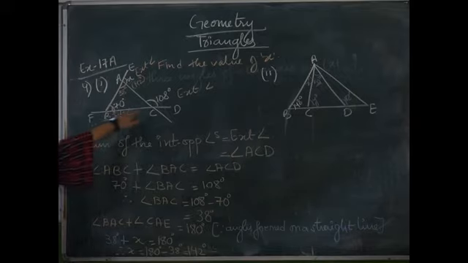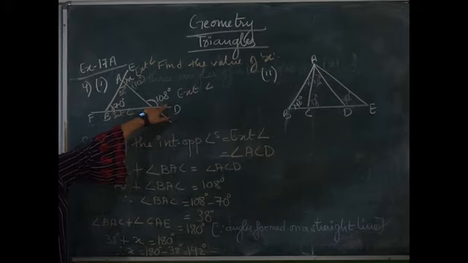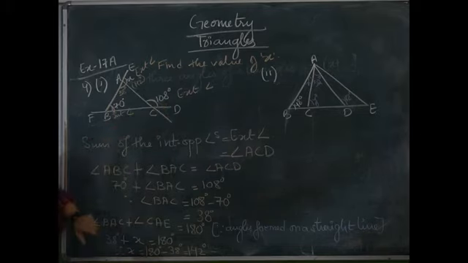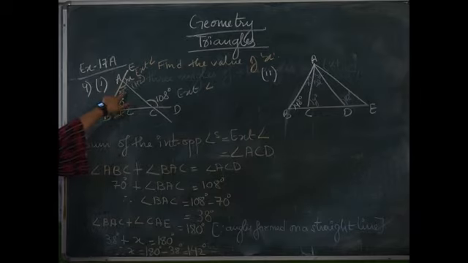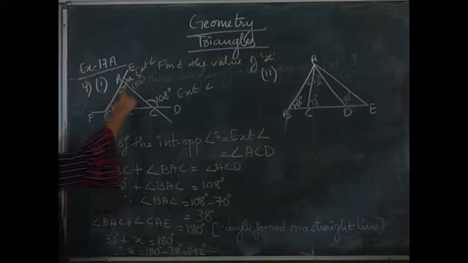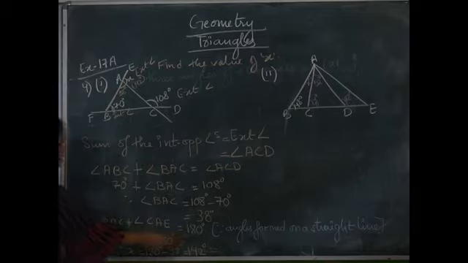So first we know the exterior angle. From the concept of exterior angle, we calculated the interior opposite angle. We didn't know the value of this angle, so we calculated it. With the help of this angle, we know that these two angles form on the same straight line, and the straight angle is equal to 180 degree.